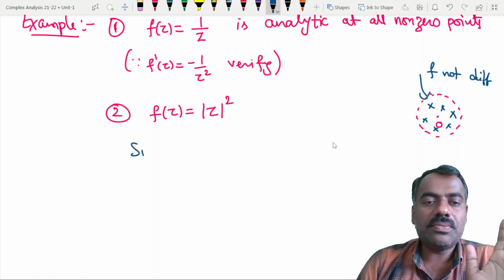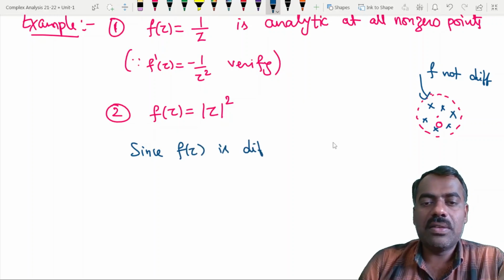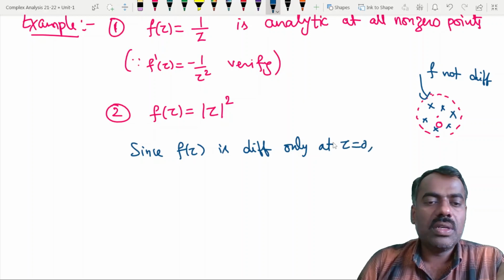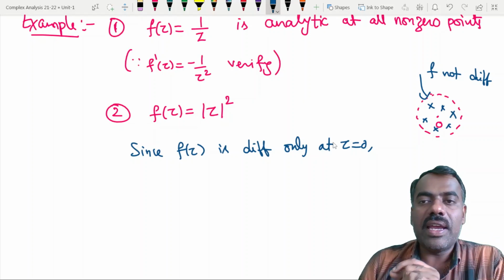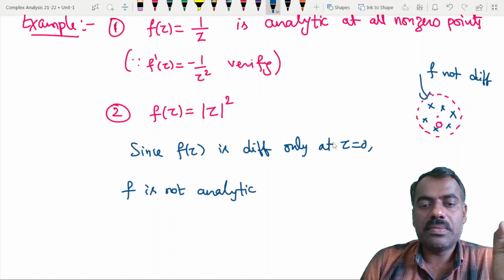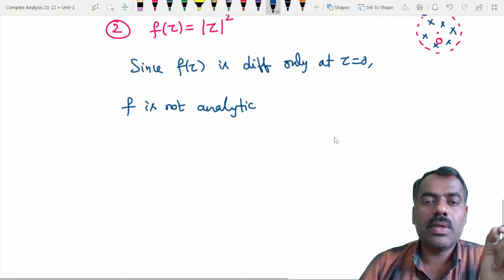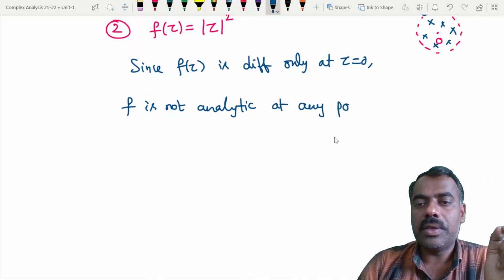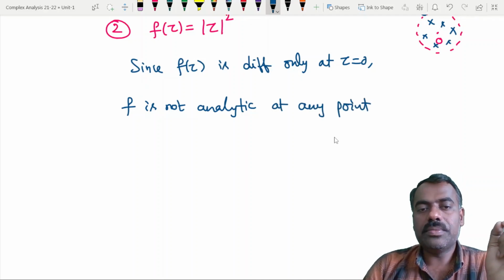So since f of z is differentiable only at z is equal to 0, we can claim that f of z is not analytic at any point. Is that clear?